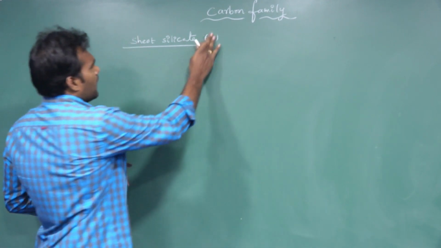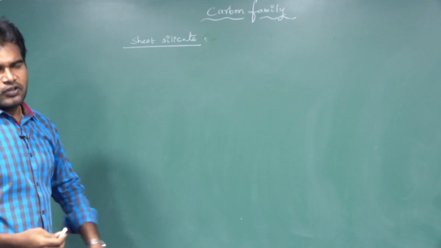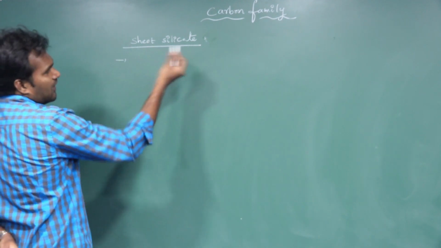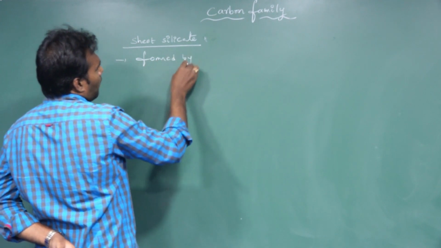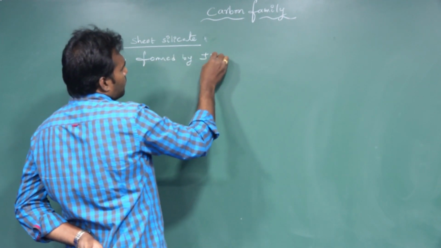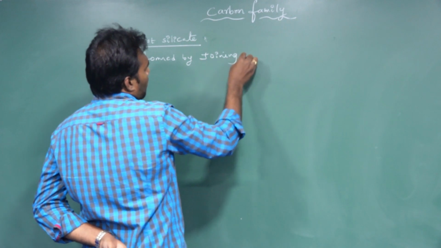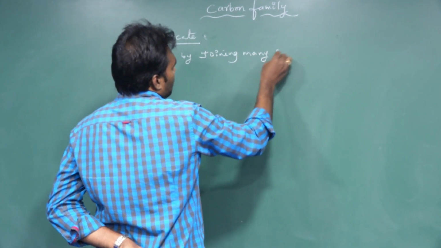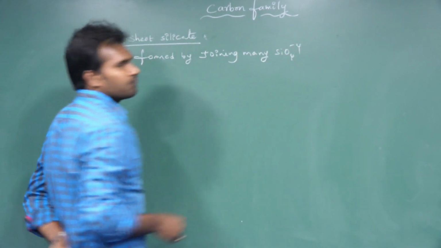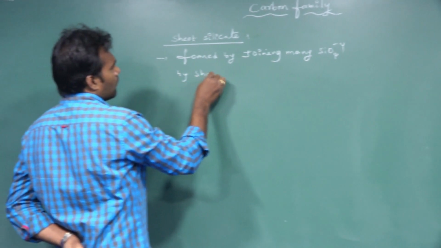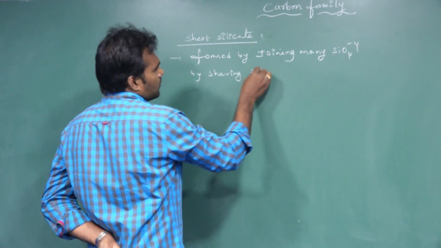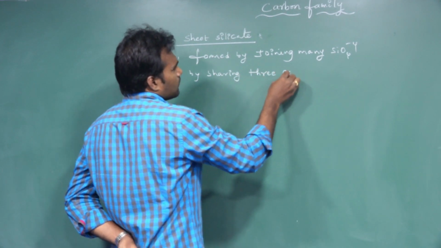Okay, that's not a matter. So coming to the sheet silicates, these silicates are formed by joining many silicate units by sharing 3 oxygen atoms.